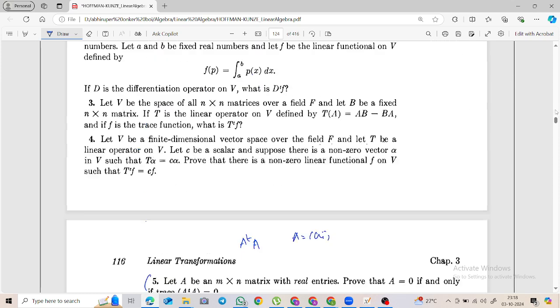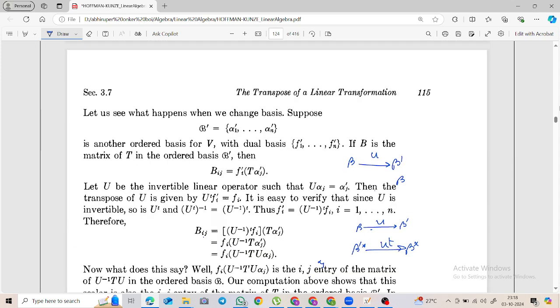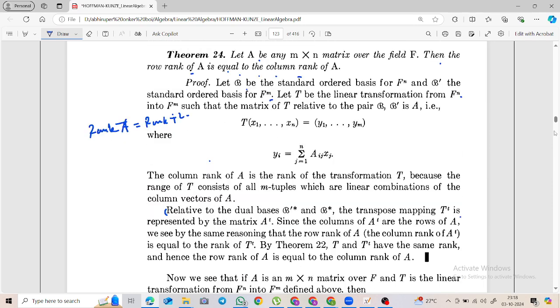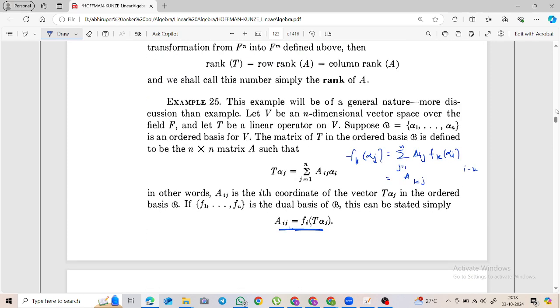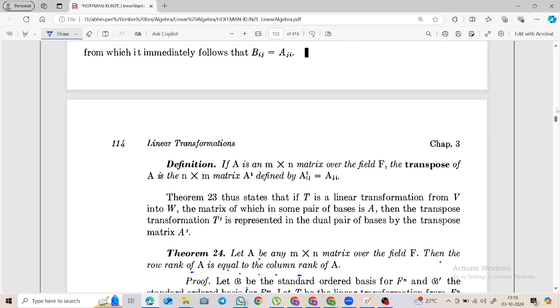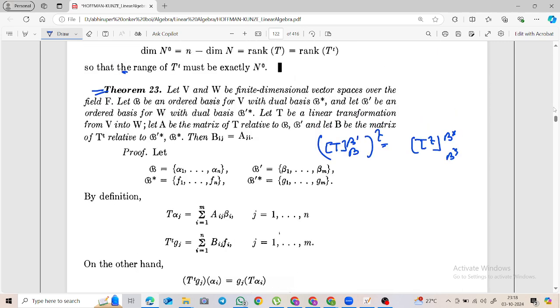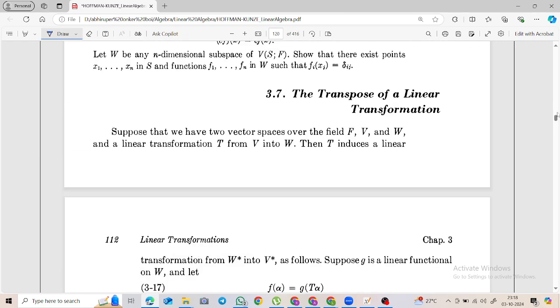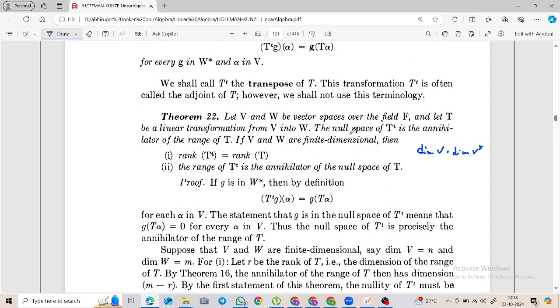What was that? What is that theorem number? The previous thing. 22, I think. The range of T transpose is the annihilator of the null space of T. No, the line above.